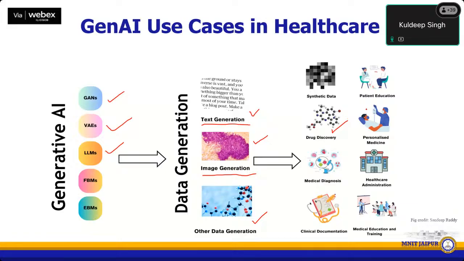For example, the generative AI model called generative adversarial network (GANs) has been extensively used for image reconstruction, processing low quality images, or synthesis, segmentation or classification of images.